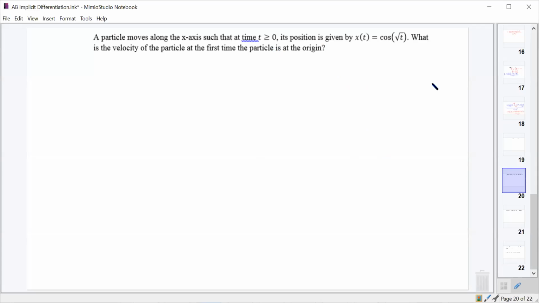So we're going to use a calculator to do the majority of the work here. If we want to know when the particle is at the origin, what is its position at the origin? 0, 0. Right. And so we want to figure out what the t value is when it's at that origin.